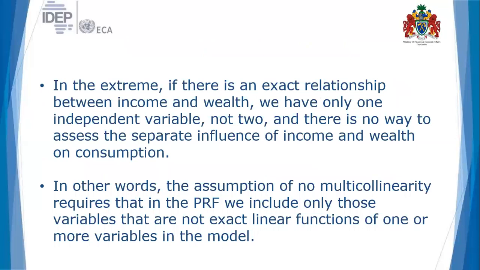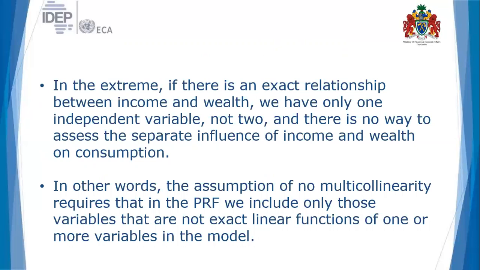In the extreme, if there is an exact relationship between income and wealth, it means we have only one independent variable, not two. And there is no way to assess the separate influence of income and wealth on consumption. Why?